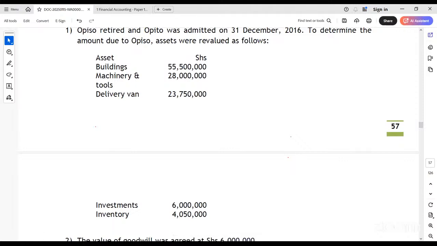Whenever assets are revalued, always come up with the revaluation account.